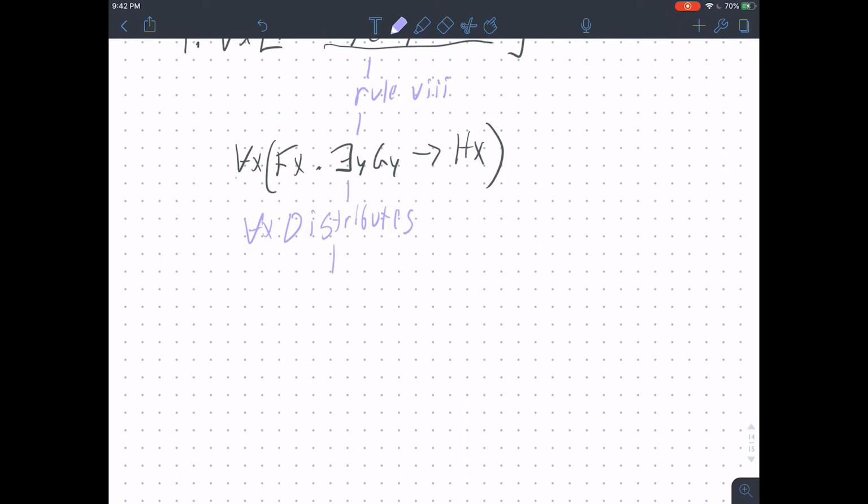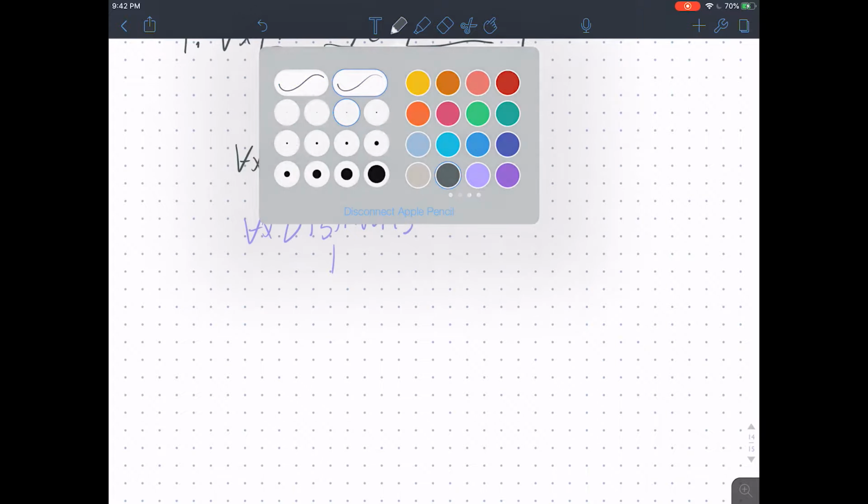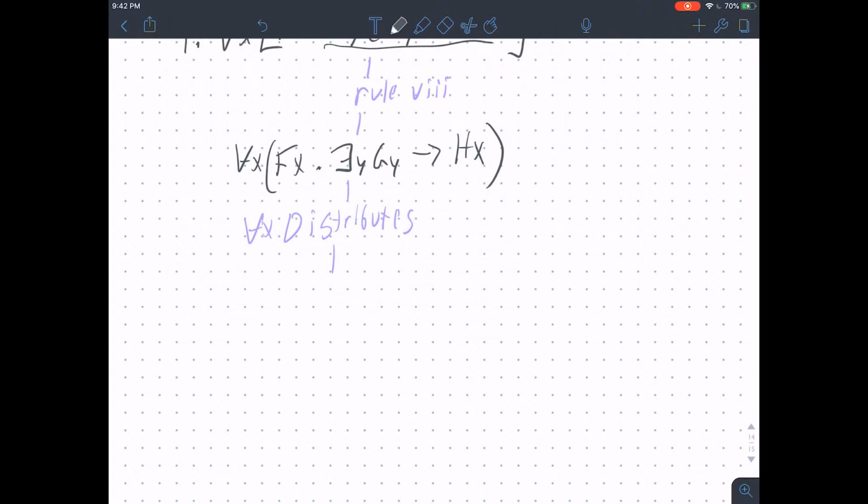This is a universal quantifier, its scope is a conjunction, and because of that, we can apply our distribution rule to it. So that'll give us this, and then this is somewhat ugly, but that's okay for right now.